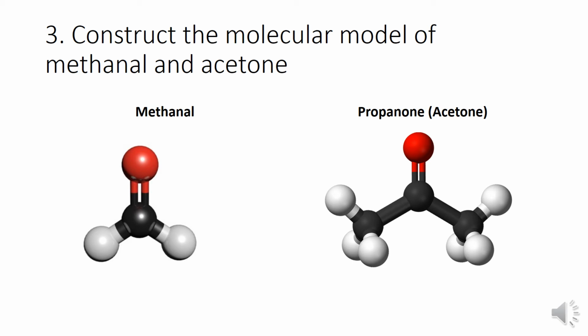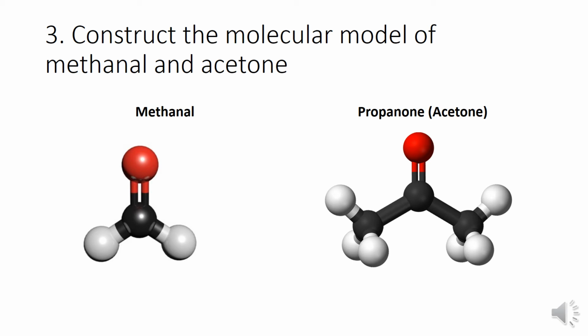It is bonded to two hydrogen atoms and to the oxygen by a double covalent bond. And in this case, we have CH2O. The carbonyl group is bonded to two hydrogen atoms. These two bonds are single covalent bonds.